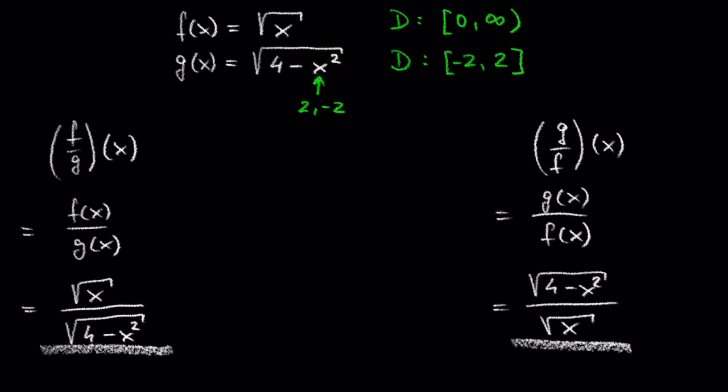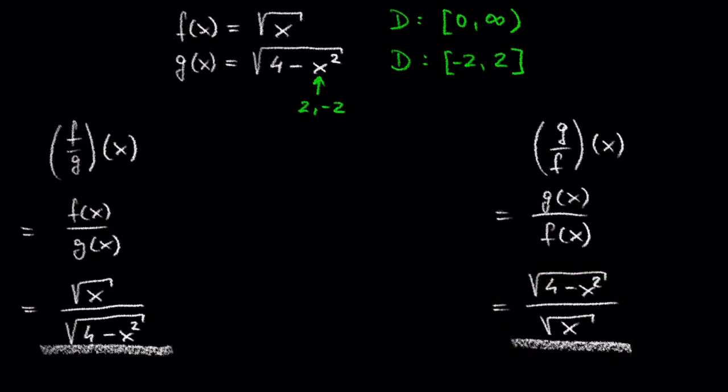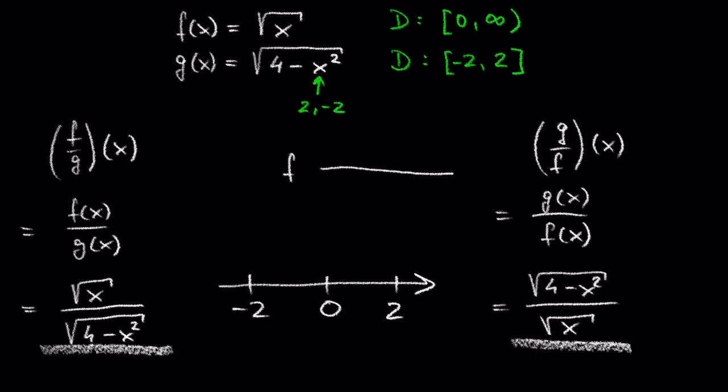Now, how can we find the domain of the quotient of f and g and of the quotient of g and f? Let's visualize the domains of f and g on the number line for better understanding. The domain of f goes from 0 to infinity, and the domain of g goes from negative 2 to 2.